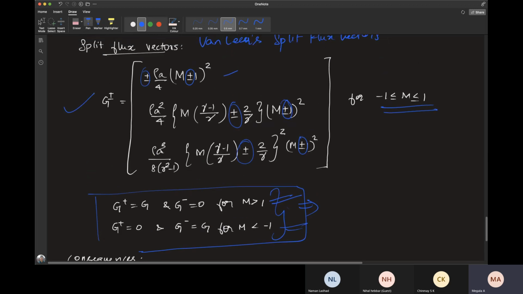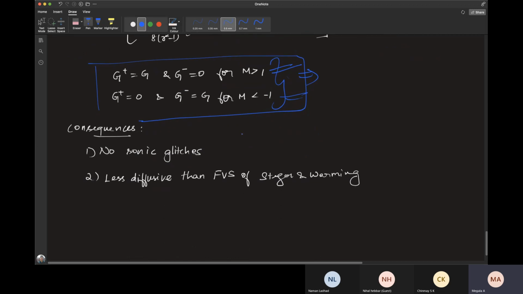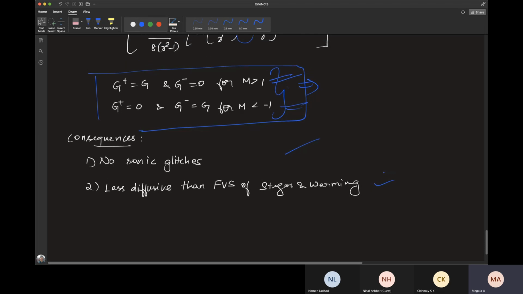For subsonic flow, you will be having these things. So you will be using these to enable smooth variation. So the consequences of using these conditions and observations are the following. We don't have sonic glitches, and we get less diffusion compared to Steger-Warming flux vector splitting.